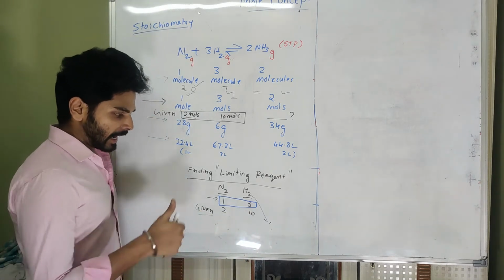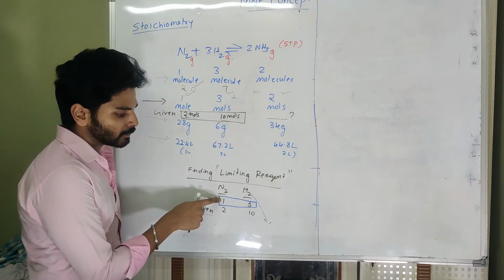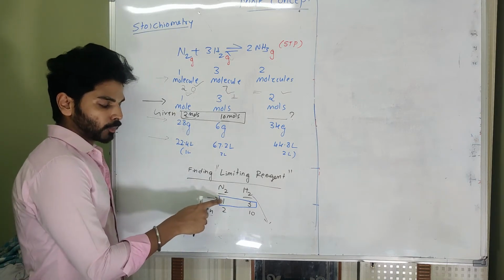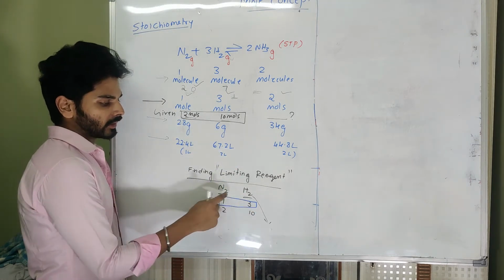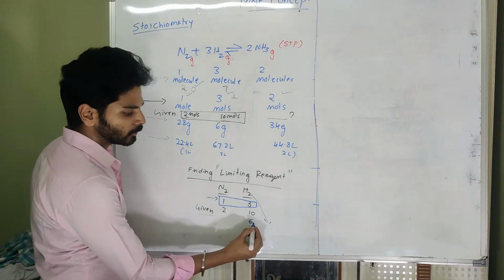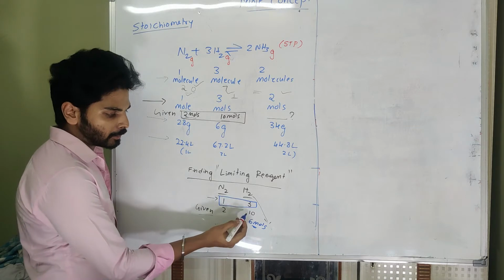To find that, as I told you, the first approach is under the stoichiometric ratio, find out the smallest one. In this case nitrogen has the smaller number of moles. So 1 mole needs 3 times the amount of hydrogen. 2 moles definitely need 6 moles. So yes, 6 moles is available in the given data, that means 10 is given.